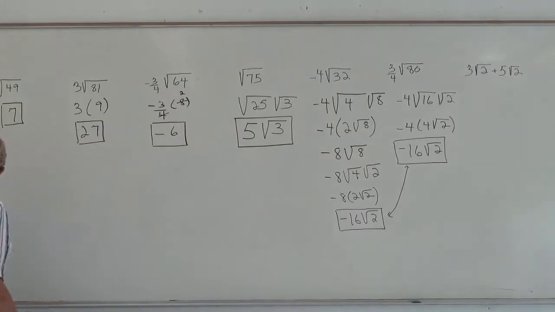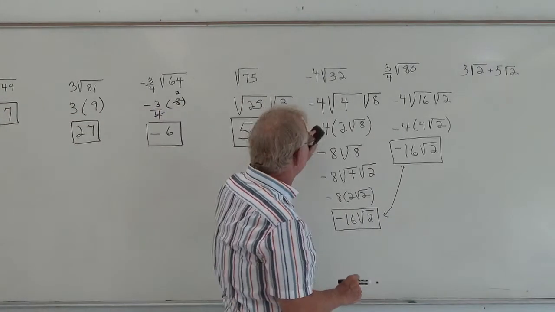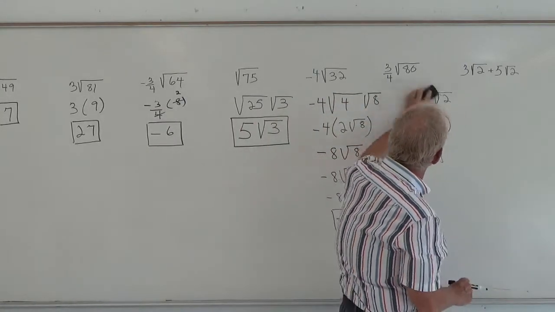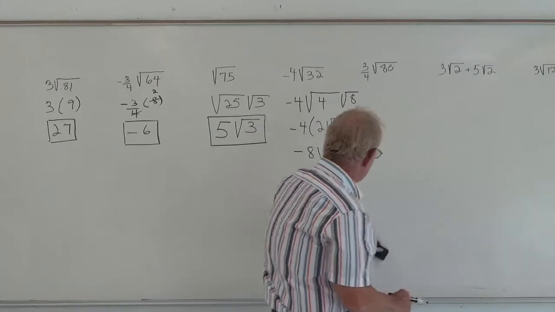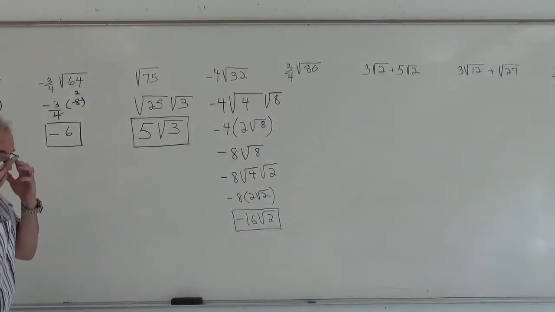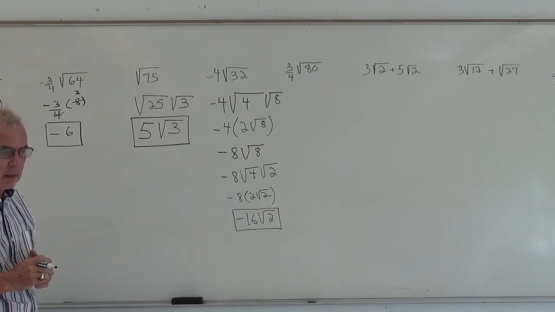All right. Let's practice our next example. Our next example now is 3/4 times the square root of 80. So, what I would really like to see you do is pause a minute and see which numbers divide into 80 on that list.